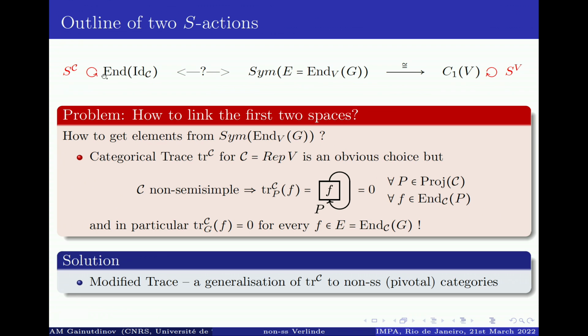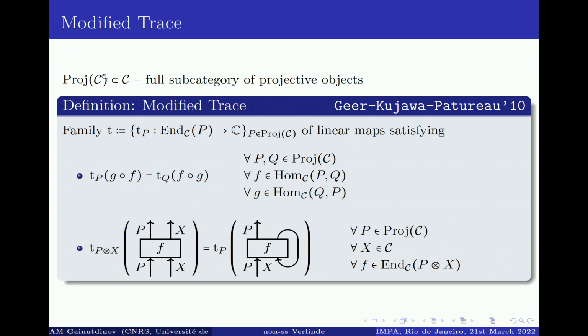And the solution to that is to use the so-called modified trace. It's a generalization of the categorical trace to non-semisimple pivotal categories. It was introduced in the context of quantum topology by Geer, Kujawa and Patureau, 2010, which goes back actually to the work of Turaev, Geer and Patureau, 2009.